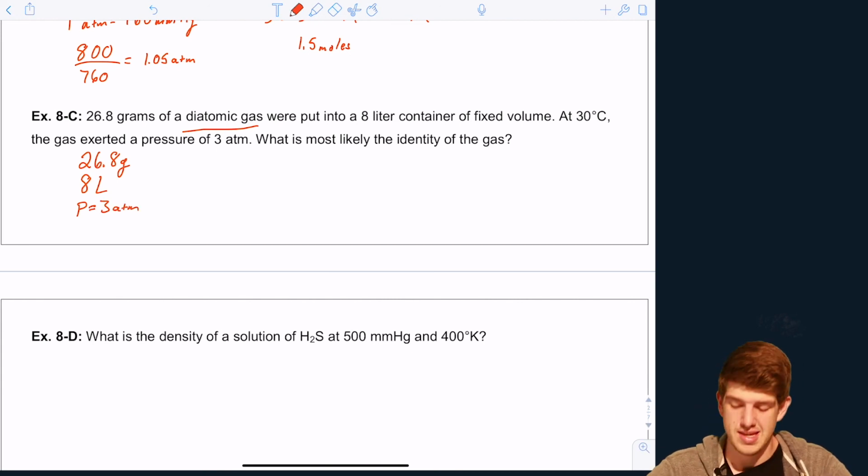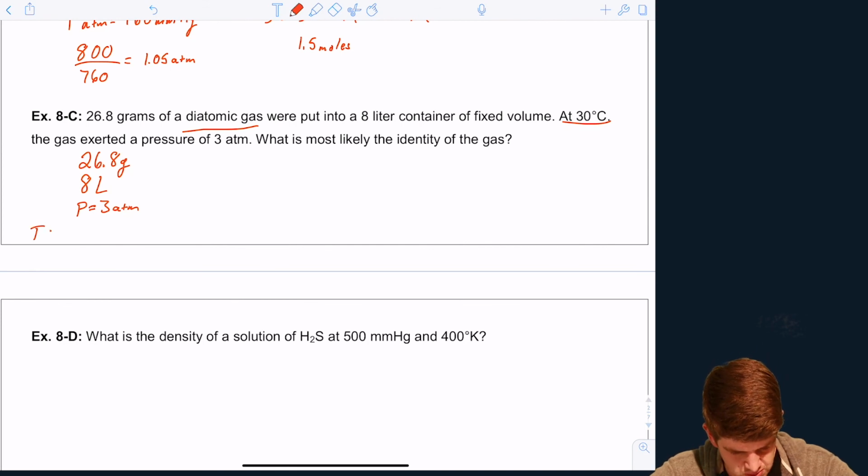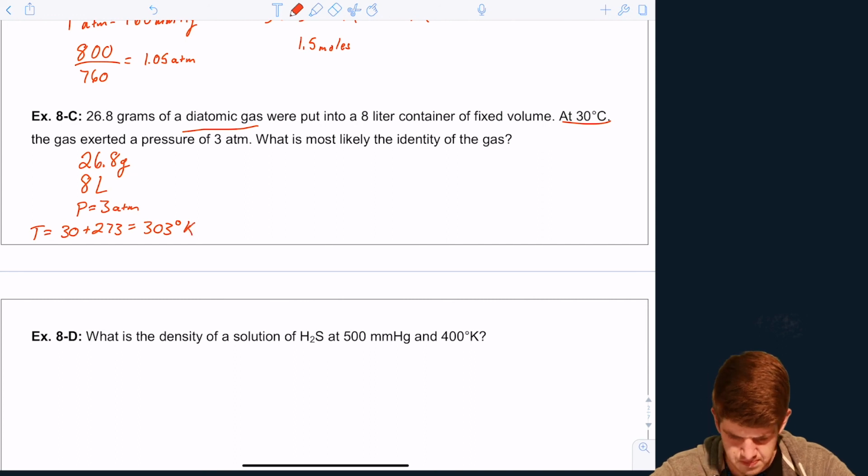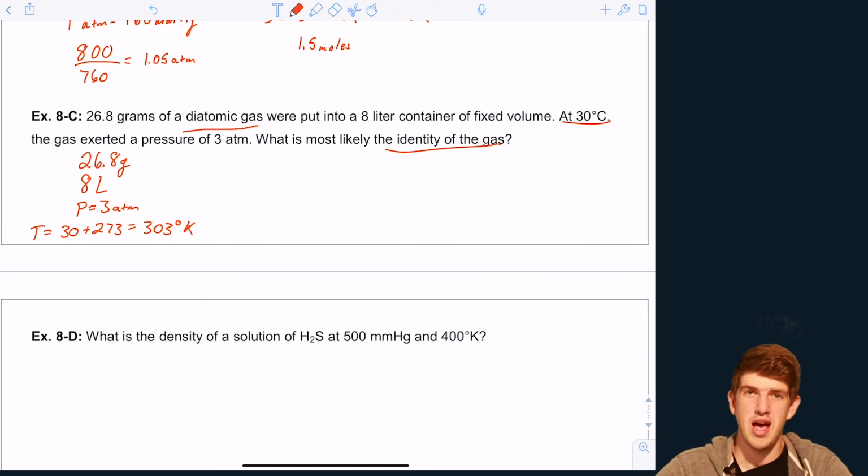At 30 degrees Celsius, so this isn't in Kelvin, the temperature will be 30 degrees Celsius plus the conversion factor, 273, which means that our temperature is 303 degrees Kelvin. Now, what are we asked to find? The identity of the gas. So how am I going to find the identity?